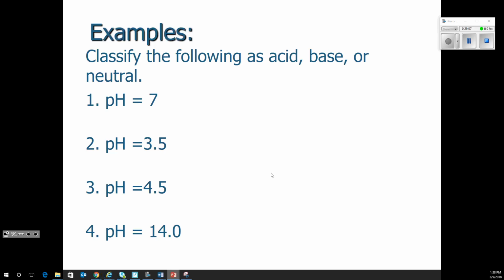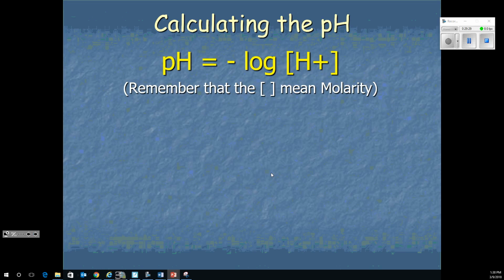On the test, she might give you pOH, and it's the opposite, so you need to make sure you watch it. If you know the pH scale, that's fine. If they give you pOH, just go 14 minus that number and you've got the pH. So 3.5 would be base in pOH. Yes, so watch that.